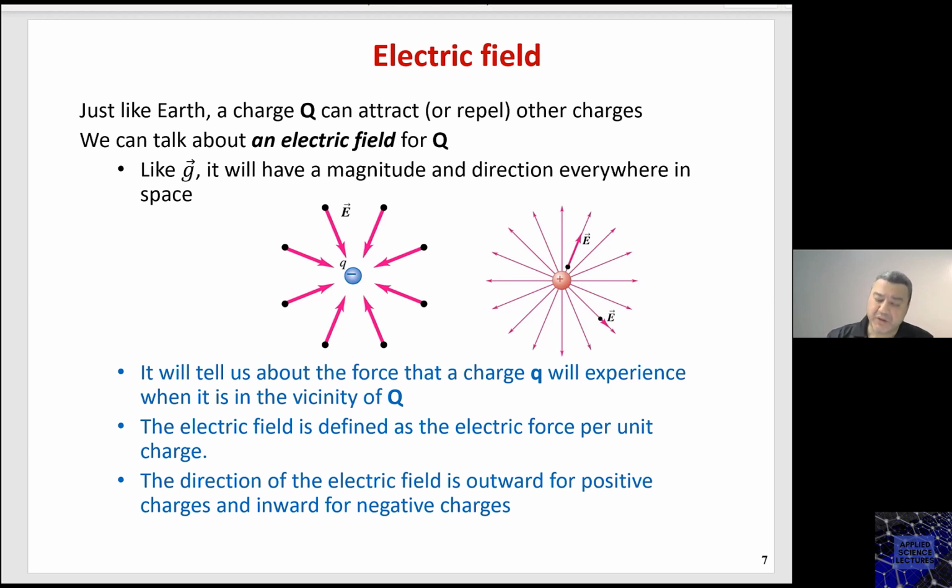However, if I have a positive charge, the electric field will be pointing away from that charge, and the magnitude will depend on how far this location is from my charge. I'll call this one R.